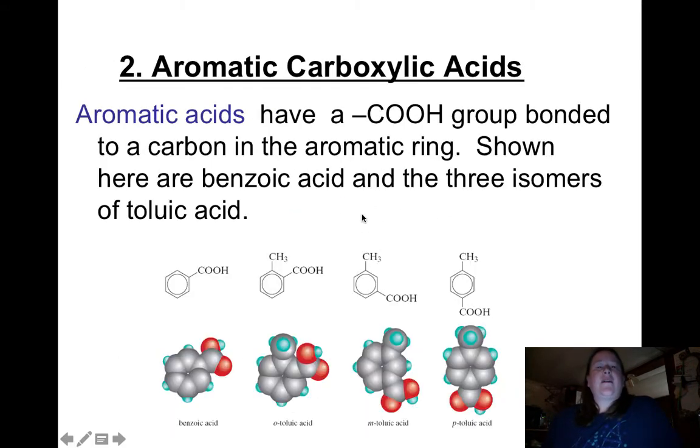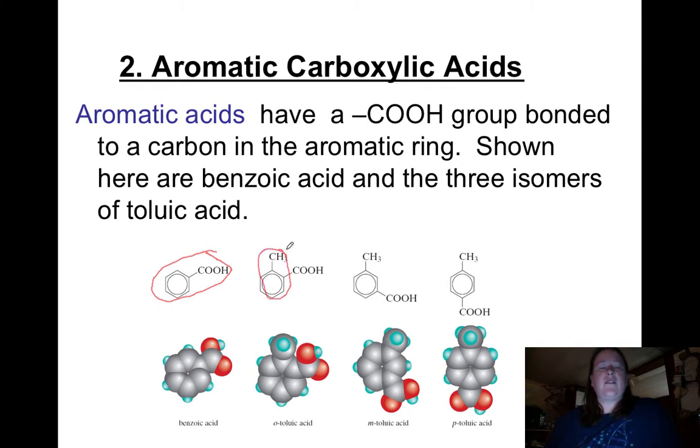Aromatic carboxylic acids do have a benzene ring, and the very basic aromatic carboxylic acid is referred to as benzoic acid. And I think for the most part, if we have a group attached, these examples that you see here are toluene.